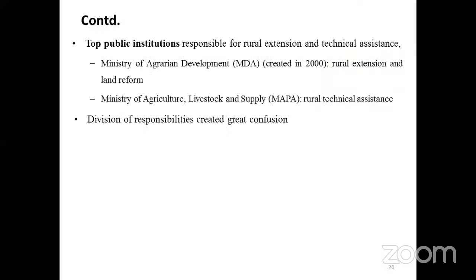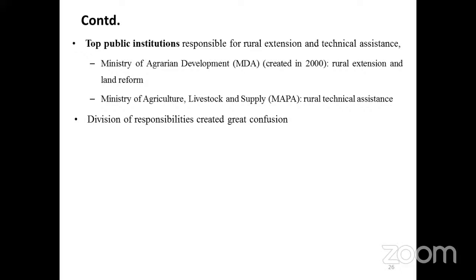So they have two public institutions, the Ministry of Agrarian Development and the Ministry of Agriculture, Livestock and Supply, as the topmost public institutions responsible for rural extension. But again, they have this confusion. You can see the names, agrarian development, and next is agriculture.